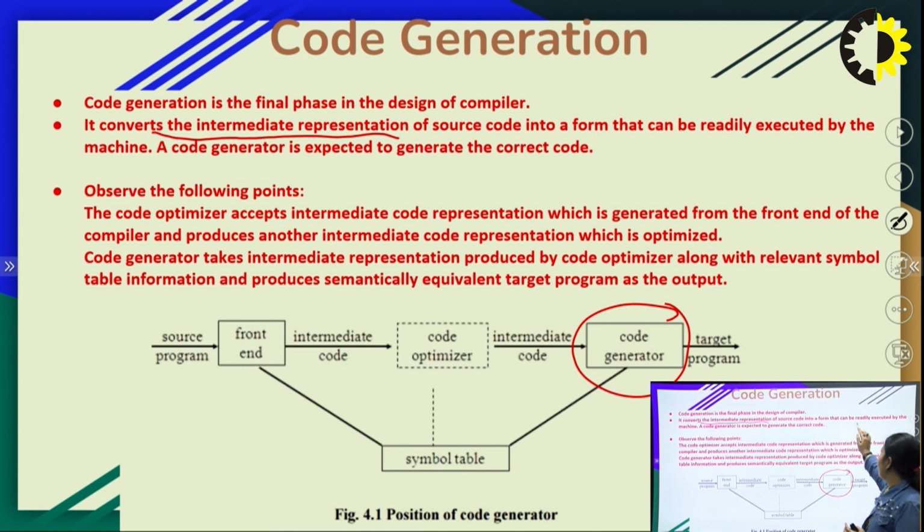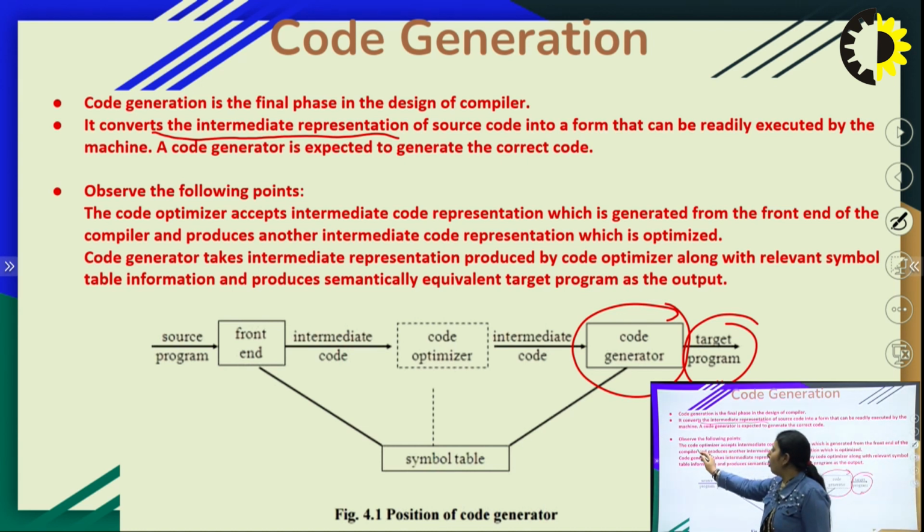It converts that into machine code, a target program that is easily read by the machine. The input for the first phase, your source program, is converted into a target code that can be understood by the machine. So the following points need to be considered.